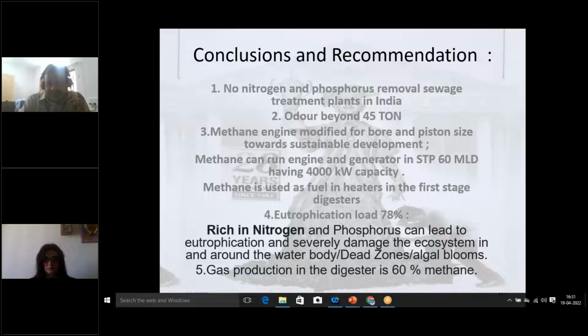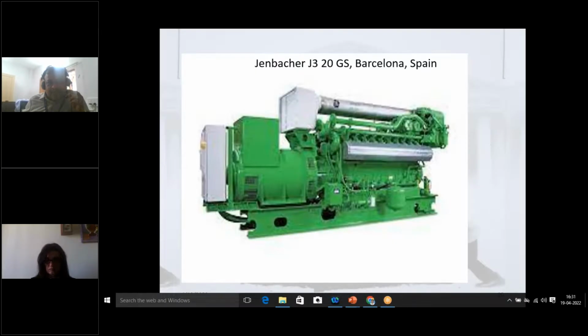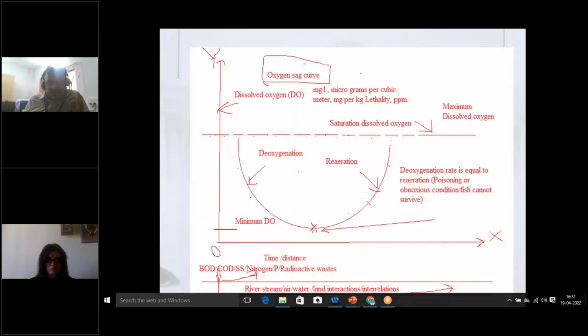So water rich in nitrogen and phosphorus can lead to eutrophication and severely damage the ecosystem, with algal blooms, which has been clearly documented in this particular slide. This is where eutrophication, deoxygenation and reaeration take place. When the BOD and the SS are discharged into the river water, deoxygenation and reaeration phenomena take place.